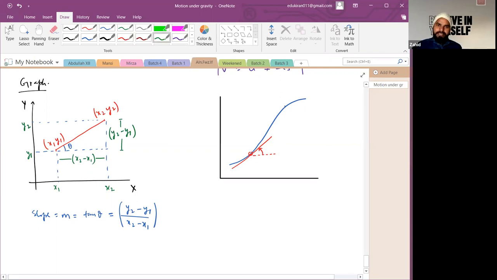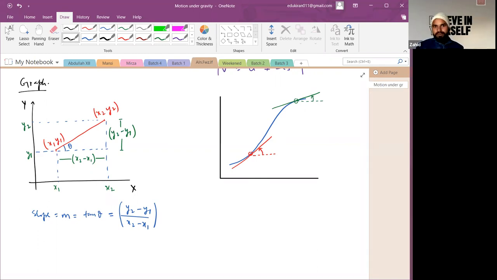Similarly, if you draw a tangent to this point like this, draw a horizontal line and take inclination. So this will define you slope of curve to this particular point by this inclination.